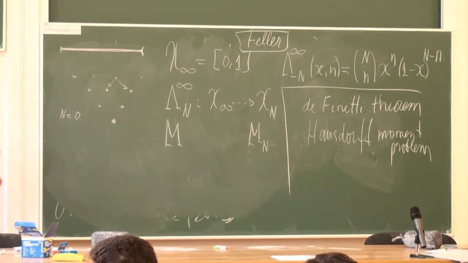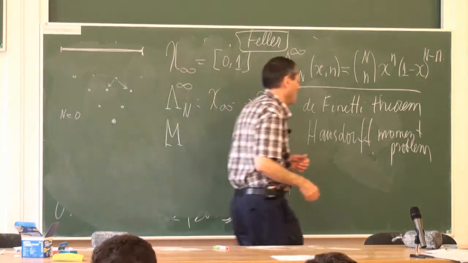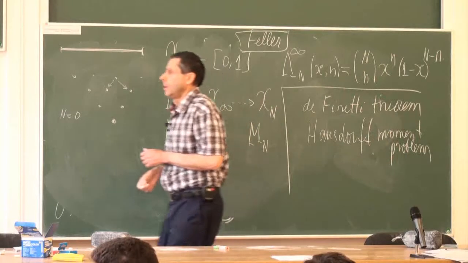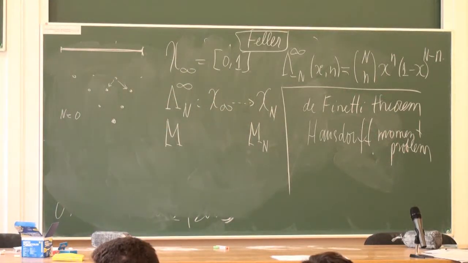Now I'm in a position to describe the idea of our method. I would like to emphasize that this is not a very general method of constructing Markov processes. Not at all. It is a very special one. But the idea, as we will see in a moment, is very simple.